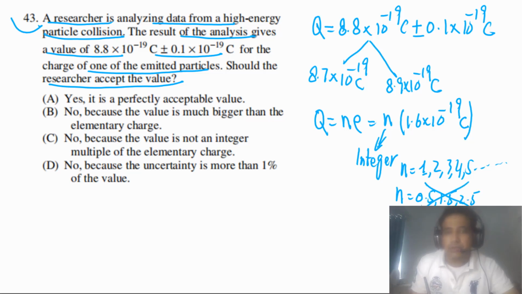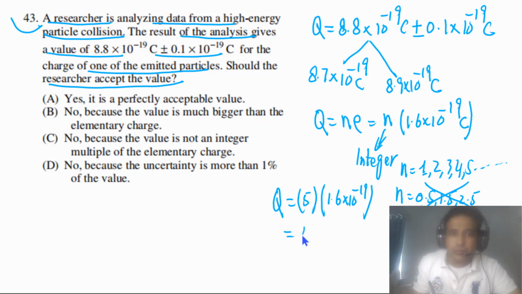So this is incorrect. In this case, let's say we have Q. This n can be 5, and we have 1.6 times 10 to minus 19 coulombs. So this will be equal to 8.0 times 10 to minus 19 coulombs.